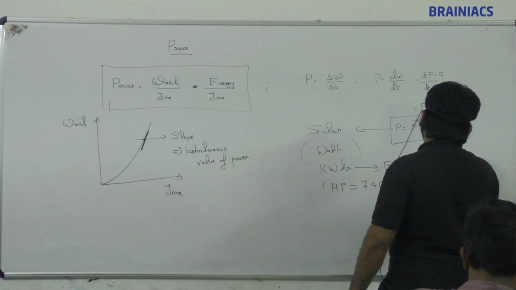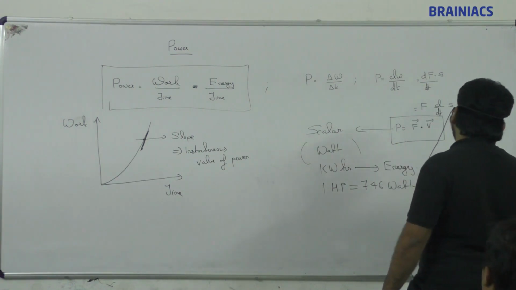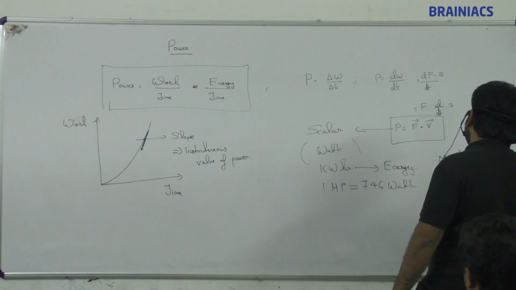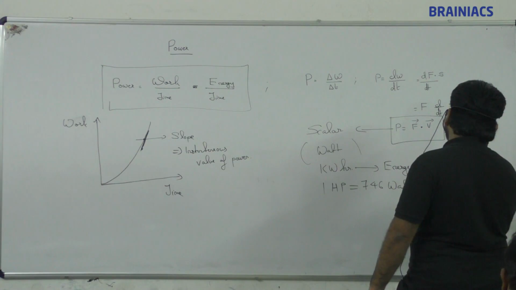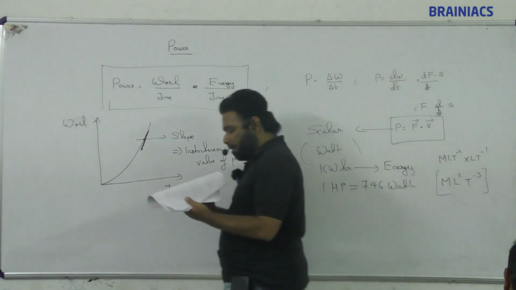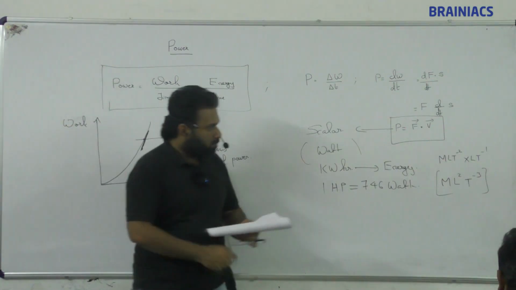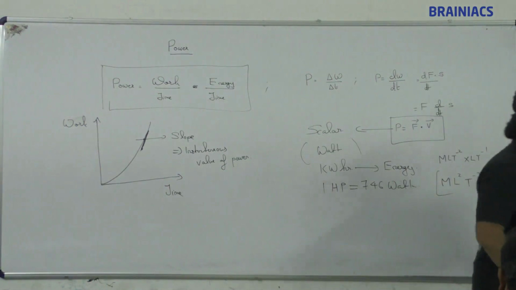The dimensional formula is M L square T raised to minus 3. Okay, done.